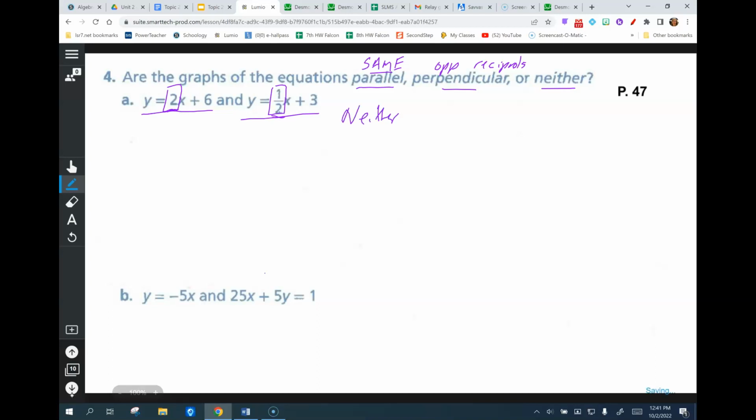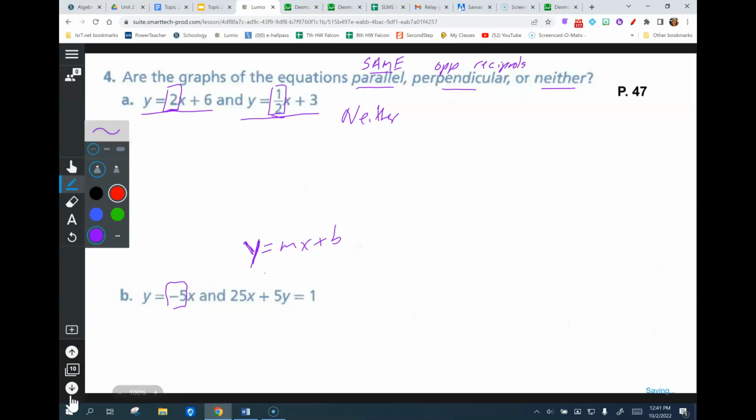Okay? Now, if we look at B, yay, we have the slope right here. But look at this one. We have to get this into slope-intercept form in order to find out what it is. To do that, all we have to do is get y all by itself.